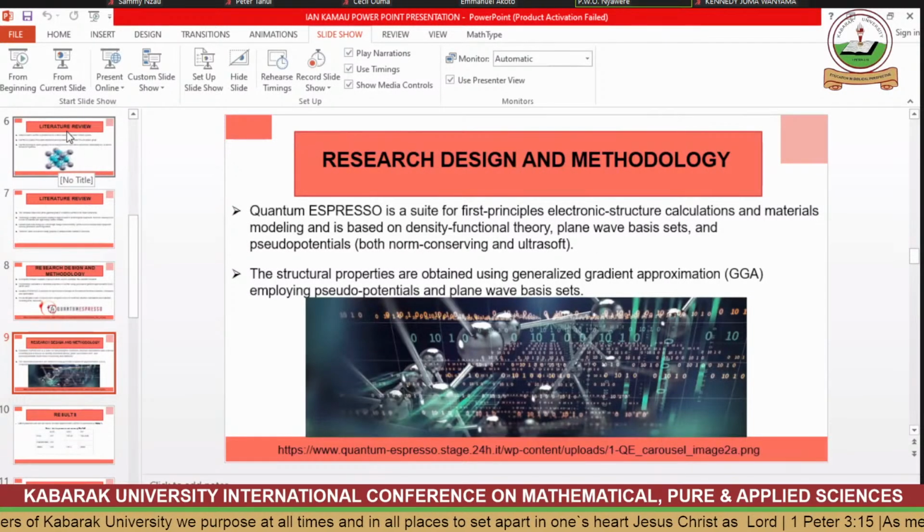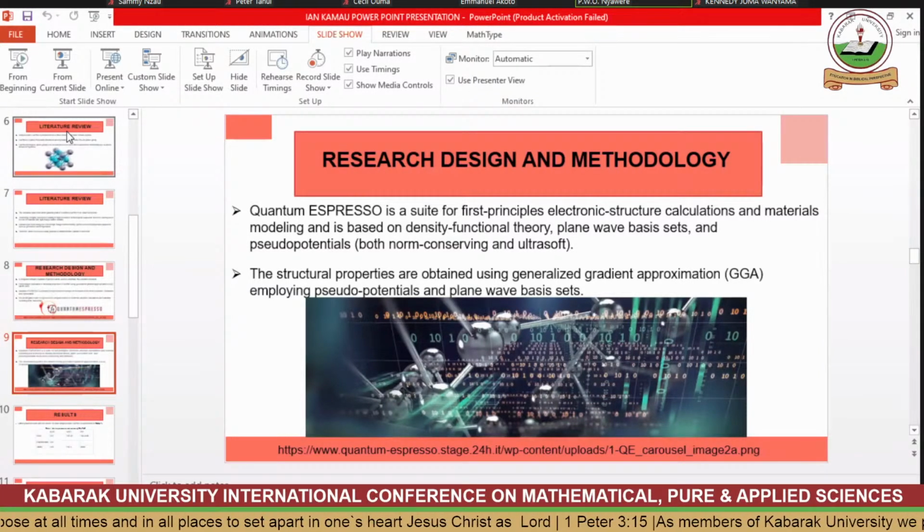Still at the research design and methodology, Quantum Espresso is a suite for first principle electronic structure calculations and material modeling, and is based on density functional theory, plane wave basis set, and pseudopotentials, both norm-conserving and ultrasoft.